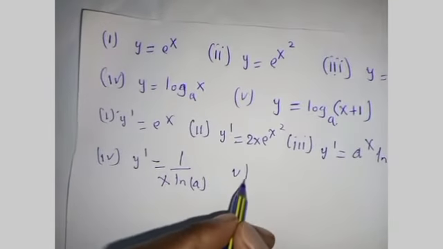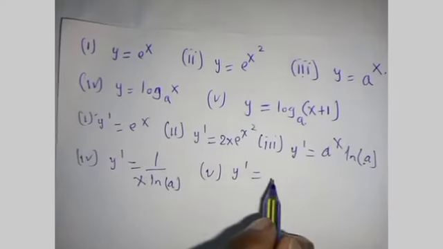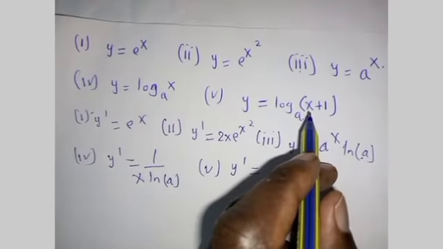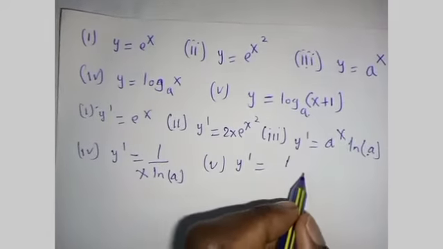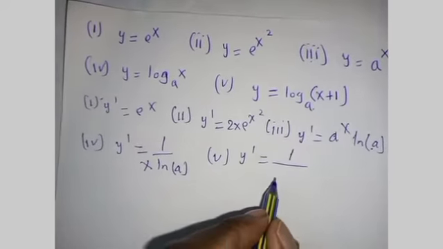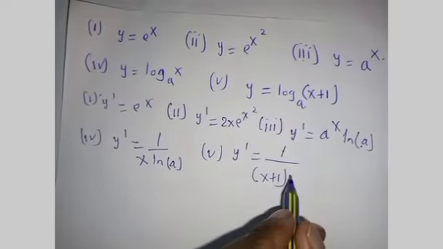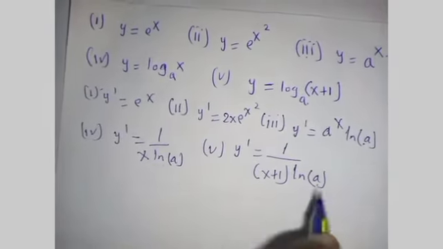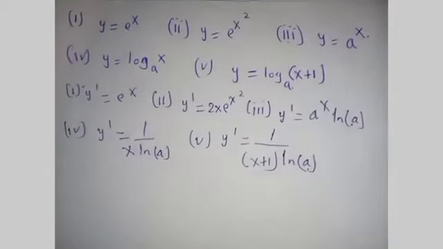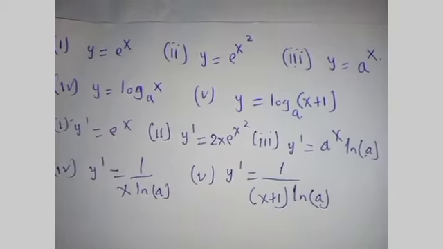Number 5: y prime is equal to, we differentiate this function, so x plus 1 differentiated will give you 1, divided by that function, which is x plus 1, then natural logarithm of a. So that is how we obtain the derivative of exponential functions in a simple way.